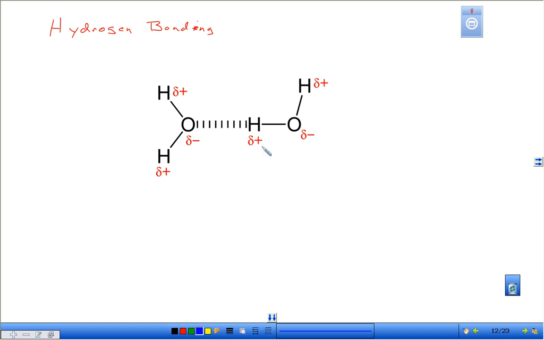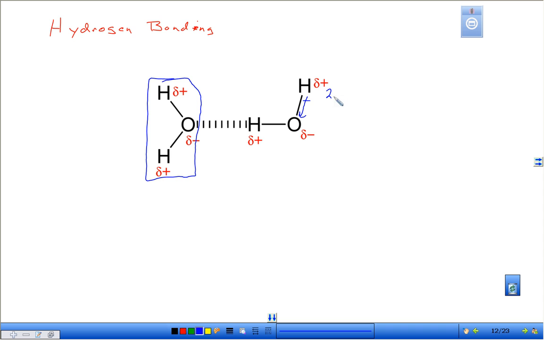The last one is hydrogen bonding, and for example, this piece is water right here. What you have is an H2O, and it's bent, and that oxygen is slightly negative and those two hydrogens are positive. The attraction actually occurs between this hydrogen of the next molecule and the oxygen of this molecule because of their positive and negative charge. Hydrogen bonding is caused because of the degree of polarity between this hydrogen and that oxygen.